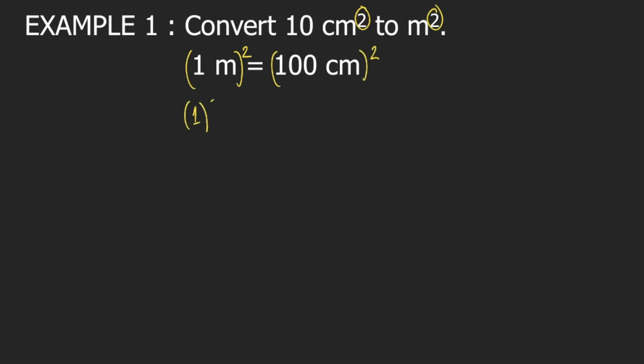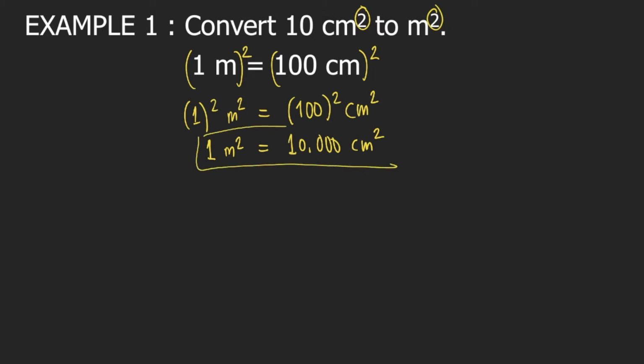So this becomes 1 meter squared equal to 100 centimeters squared. 1 squared is just 1 meter squared, equal to 100 squared, which is 10,000 centimeters squared. So we have 1 meter squared is equivalent to 10,000 centimeters squared, and we can use this to answer the example.